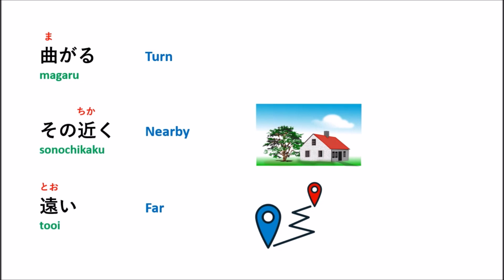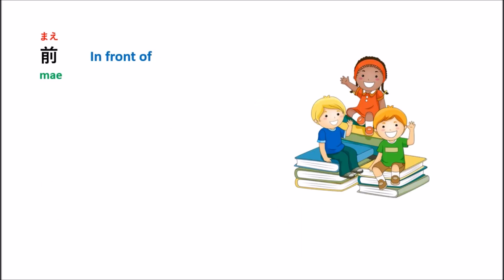For example, if you want to ask how far from point A to point B, you can use toi. Mae means in front of. For example, if something is in front of something, you can use the word mae.